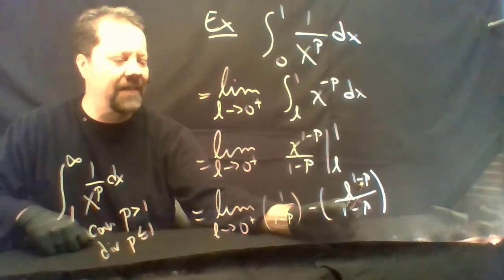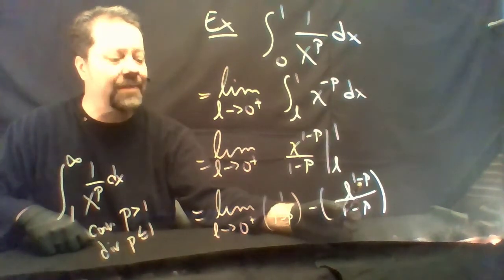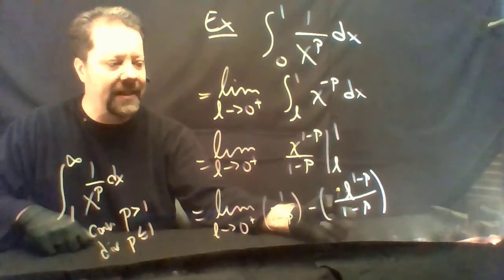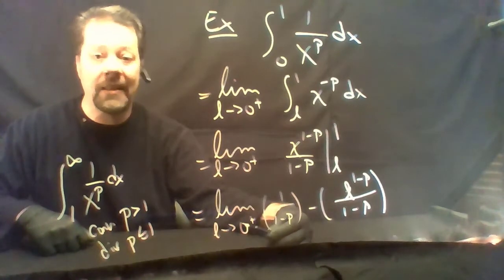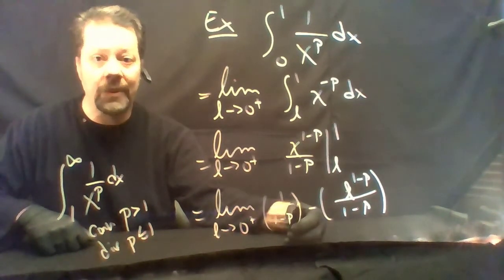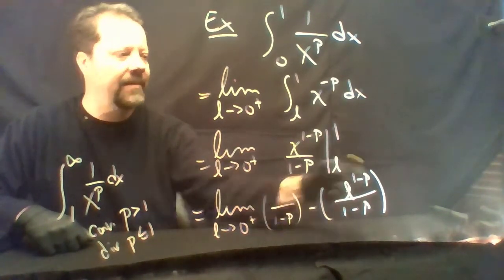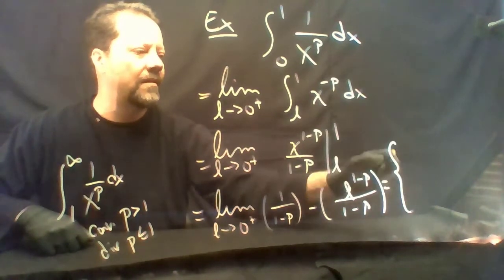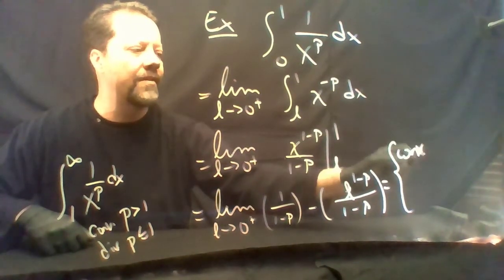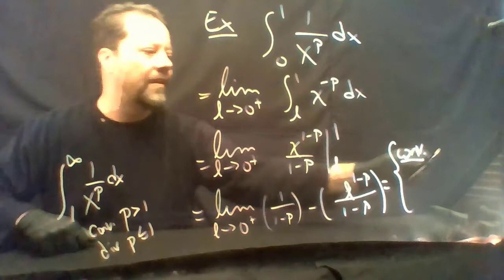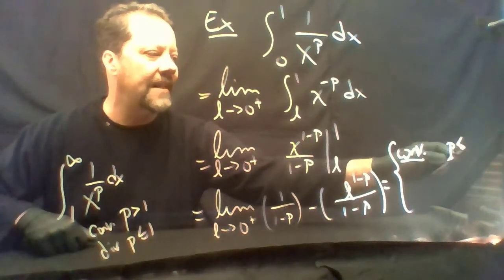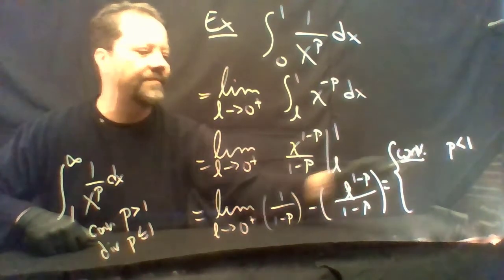If the power is positive, then this L is going to stay up here in the numerator, and as L goes to 0, you will get convergence. So this converges to some finite value if p is less than 1.